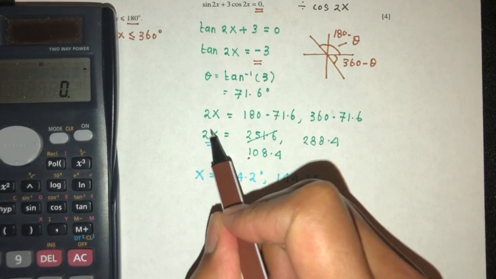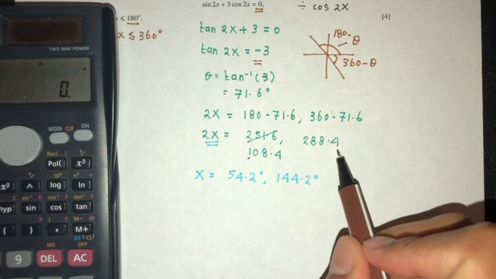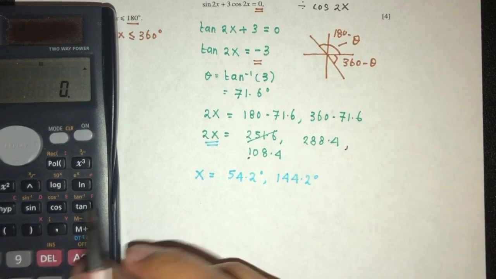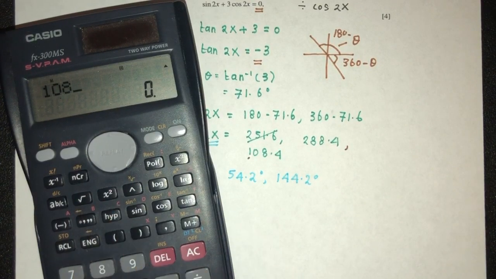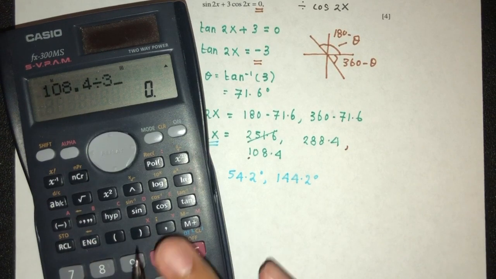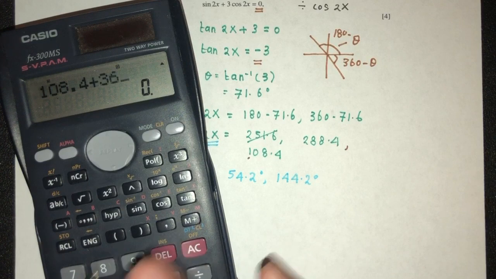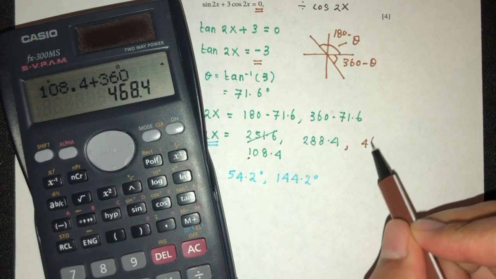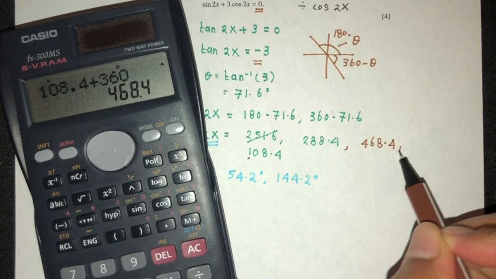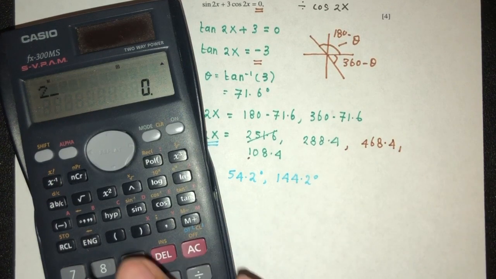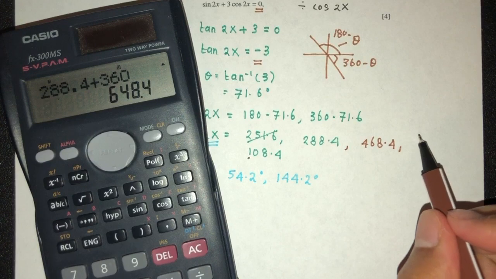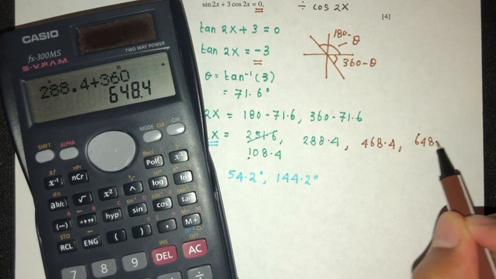Because here we have 2x, we can add 360 to those values to see if we have anything else. But in my opinion, from what I can see, we should not, but you have nothing to lose. 108.4 plus 360 will be 468.4, and this one will obviously be too much. Let's check 288.4 plus 360, that should be 648.4.